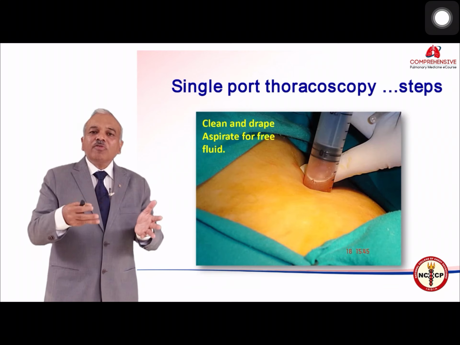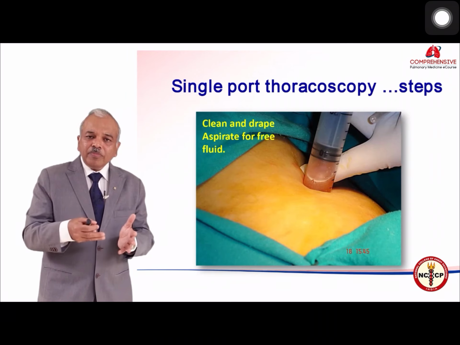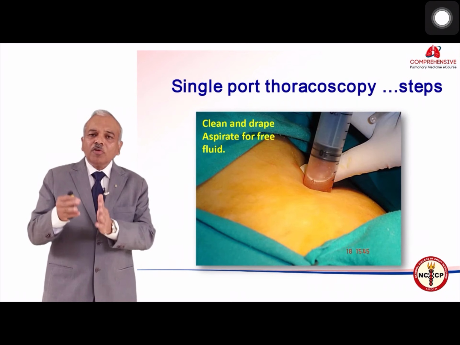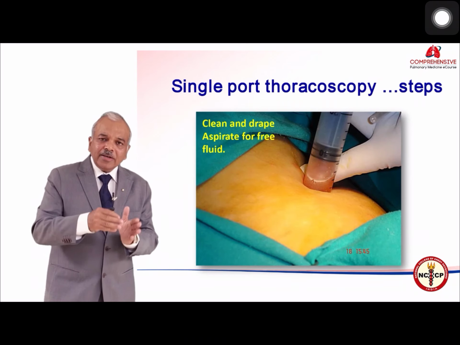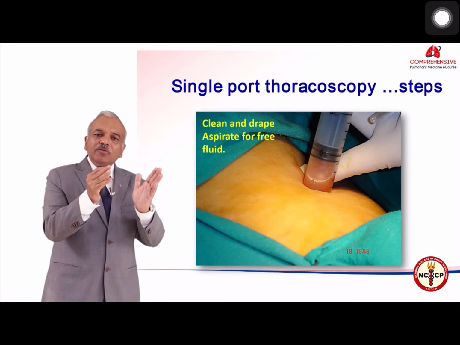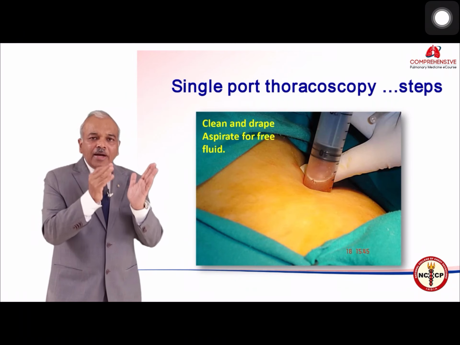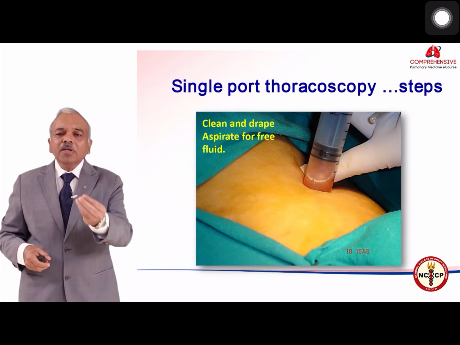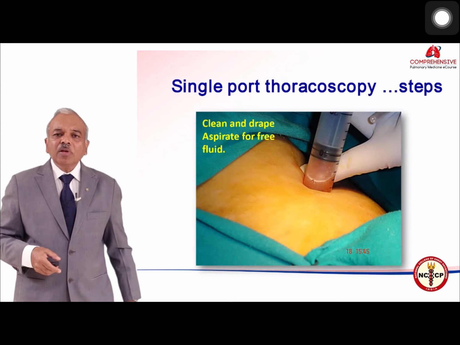You can inject about 500 or 700 ml of air, creating a pneumothorax before you take the patient onto the table. So what we do there is inject the air, take an X-ray to see that the lung has collapsed and there is even collapse of the lung and separation of the pleura, and then take the patient for thoracoscopy, and then you can do thoracoscopy even in a patient who has minimal effusion.